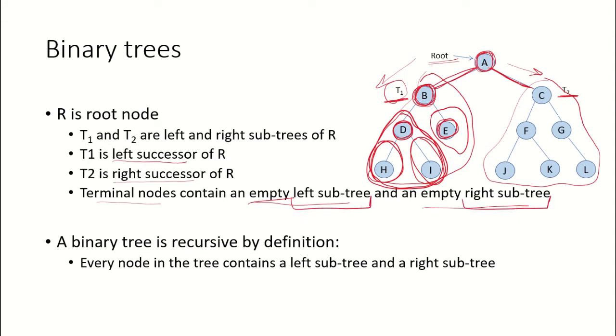The only thing is that those left and right subtrees would be empty. Similarly, if we look at node C, then we see that there is a left subtree with node F and its descendants and a right subtree with node G and its descendants.